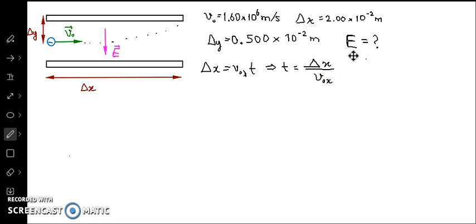So you can plug in the numbers and calculate. Delta x is 2 times 10 to the negative 2 meters. V0x is the same thing as V0 because the initial velocity is horizontal. That's 1.60 times 10 to the 6th meters per second. And when you plug in the numbers and calculate, here's what you get for time: 1.25 times 10 to the negative 8 seconds.